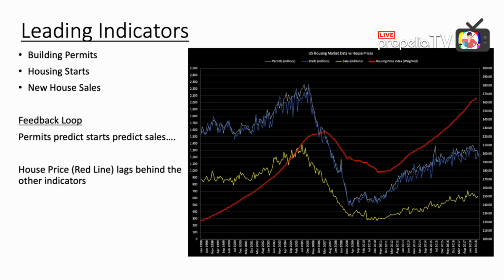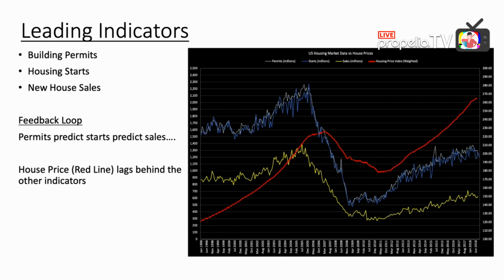What this shows is that the number of permits issued is going to predict the number of housing starts. The number of housing starts is going to predict the number of sales. On here, the permits are gray, starts are blue, yellow is sales, and red is the house pricing index.